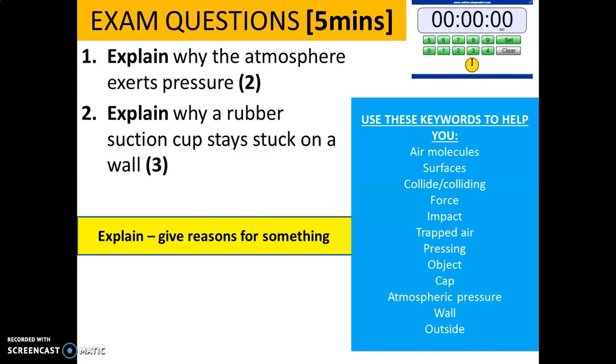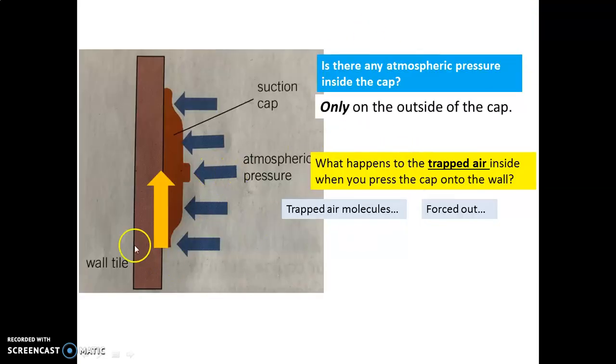So, based on that then, I want you to give these two questions a go, use these keywords to help you: explain why the atmosphere exerts pressure, explain why a rubber suction cup stays stuck on a wall. Remember, this whole idea of pressure is all about air molecules colliding with each other and other surfaces.